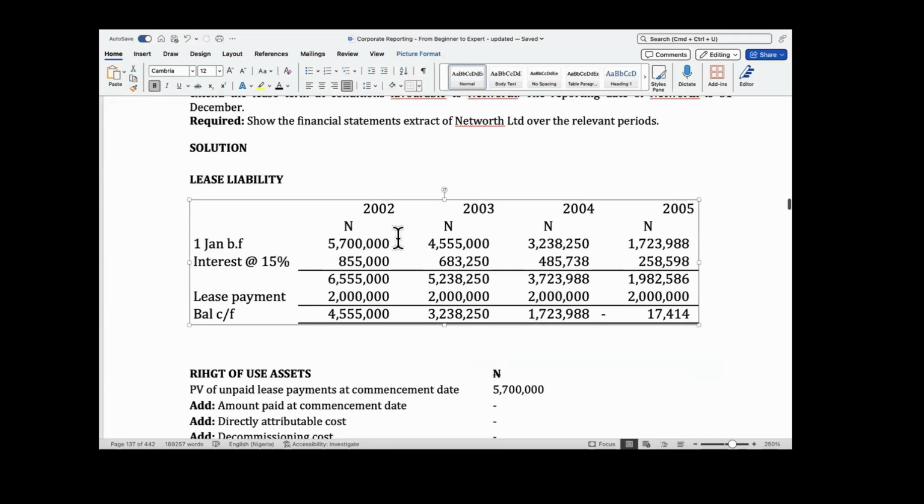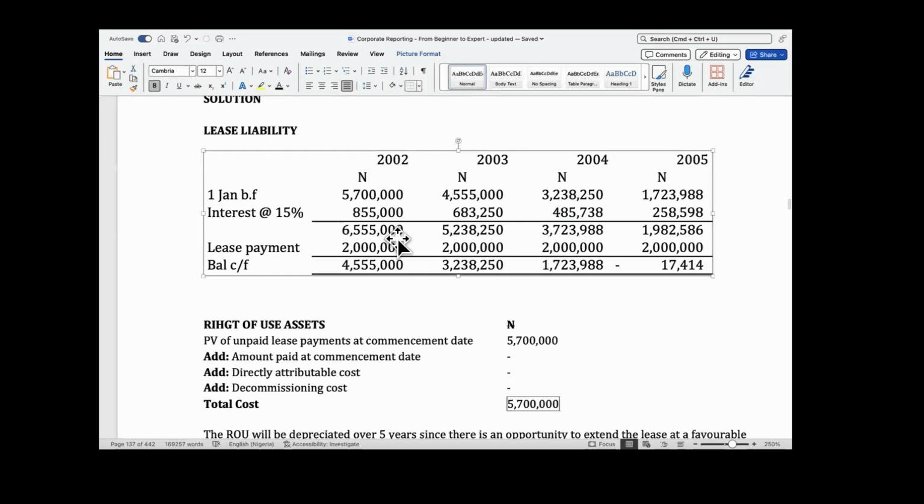So it's relatively easy for us to split this liability into current and non-current. And in 2002, you would agree with me that our liability at the end of 2002 is this 4.5 million, the balance carried forward. That's the liability in 2002, the 4.555 million.